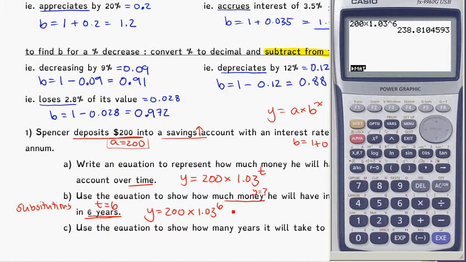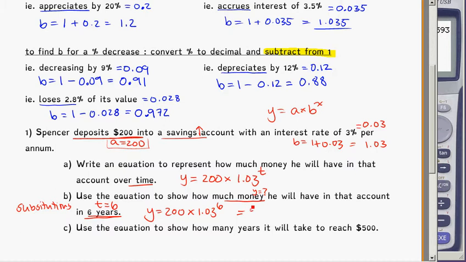And that tells me that in 6 years' time, he'll have about, I'll just round it up, $238.81 in that account. So if you put in the $200 at the start and didn't do anything else, the interest he accumulates, in 6 years' time, he's made $38.81. Okay.